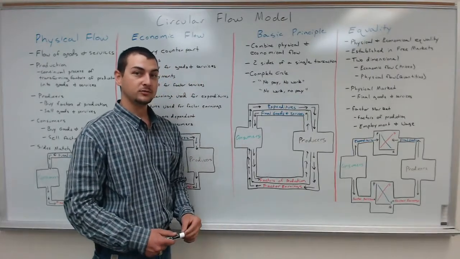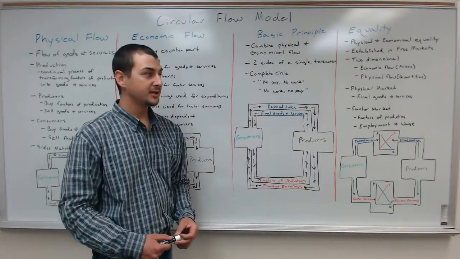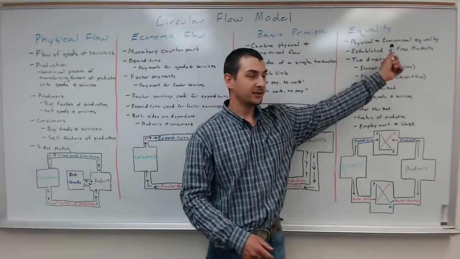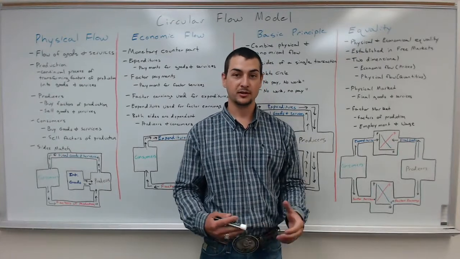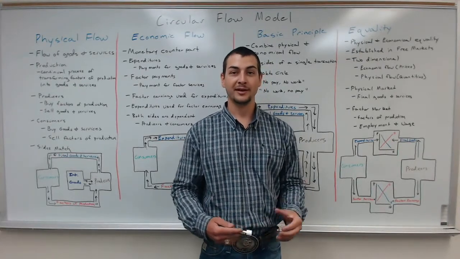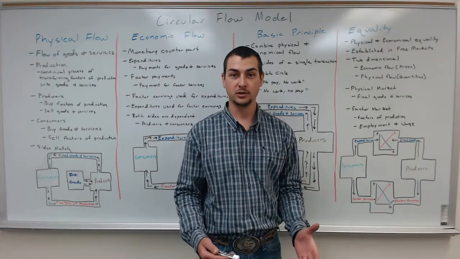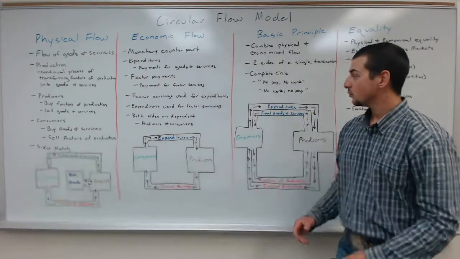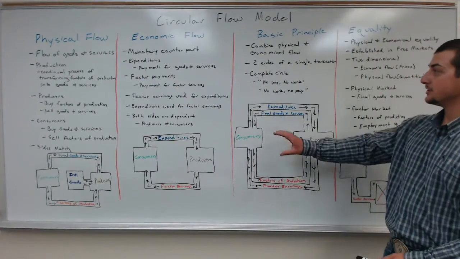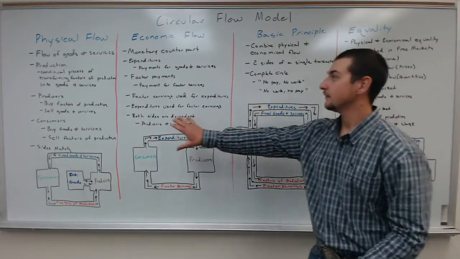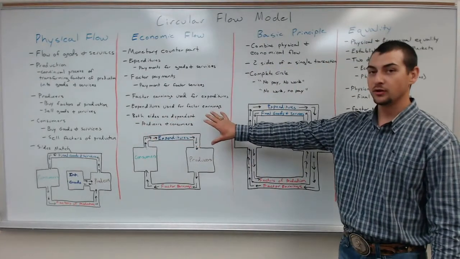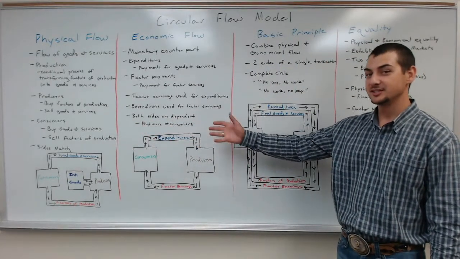And the one thing to really take out of this is that the economic and the physical value of any transaction is going to be completely equal in a free market without any coercion. And another thing to really notice is that the physical and the economical flow are basically two sides of the same coin.